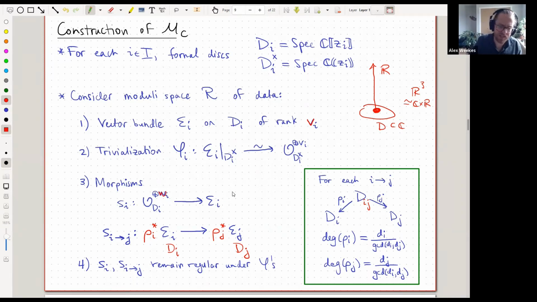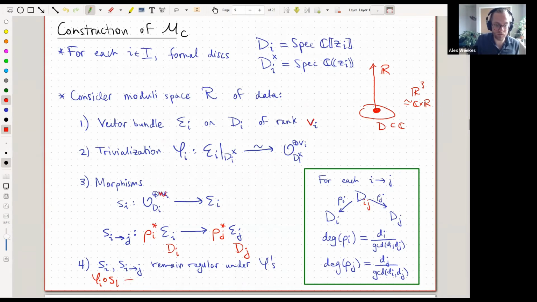And there's a final condition, which is that if we take either of these morphisms and we apply these trivializations, so for example, we can directly apply phi to SI. So we could look at phi composed with SI, right? Because SI is a map from this trivial bundle to EI, and then phi is a map from that same bundle to another trivial bundle.